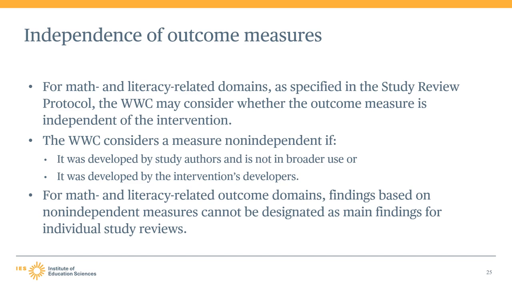And this means that measures created by developers to accompany an intervention are always considered non-independent when used to estimate the impact of the same developer's interventions. Conversely, measures from administrative records, such as those from a local or state education agency, are considered independent because they are typically not developed for a specific intervention.